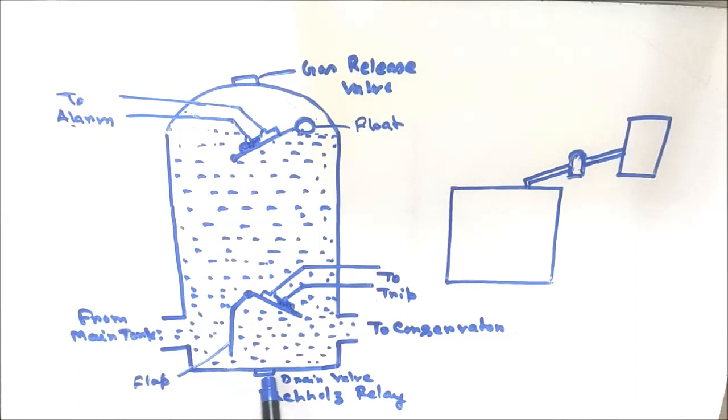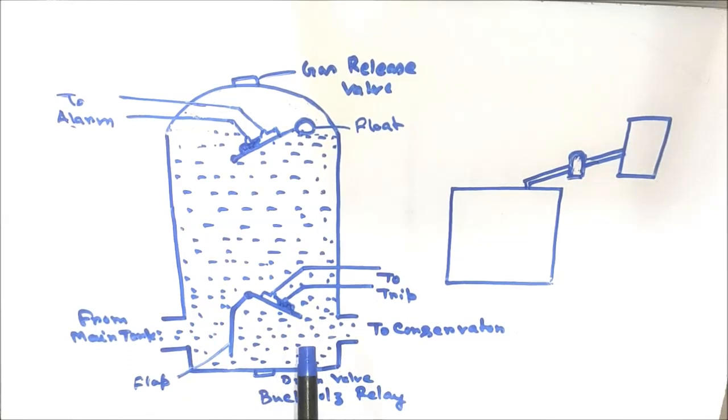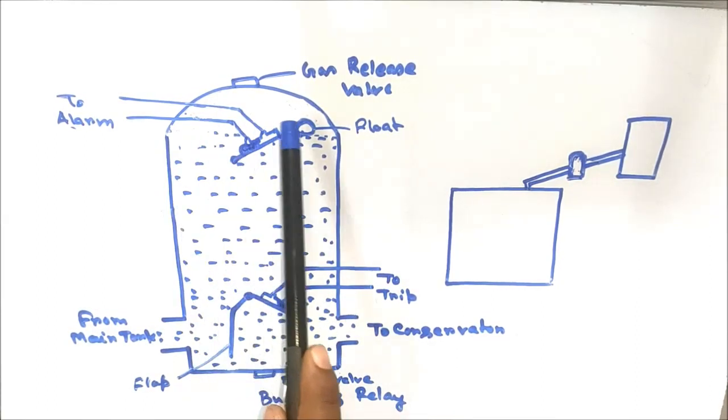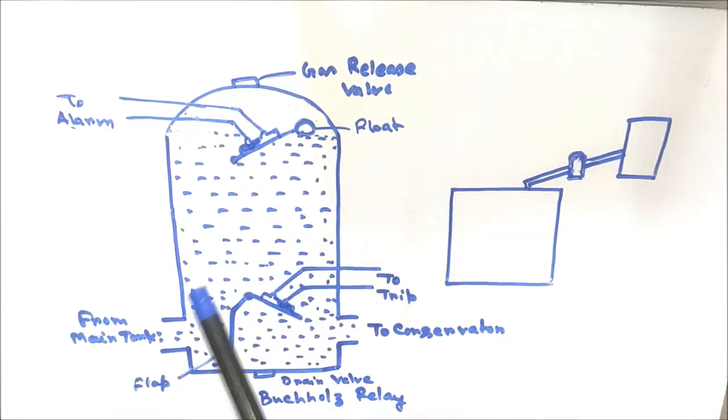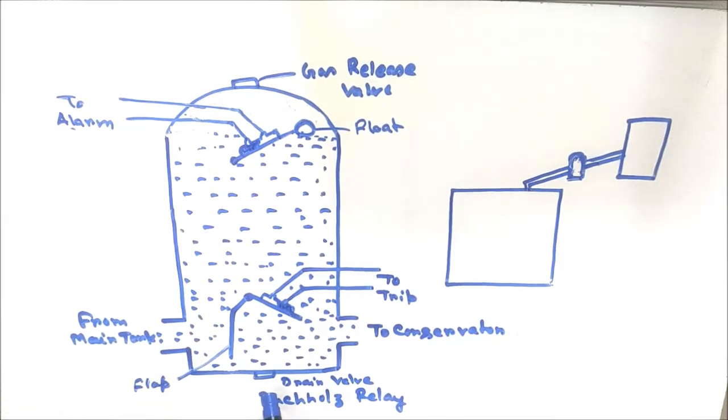Now this is the construction of the Buchholz relay. It is dome shaped, and this pipe is connected to it. This is the inlet valve, and this is the outlet valve. The outlet valve is connected towards the conservator tank, and the inlet valve is connected from the main tank. So there exist two valves.